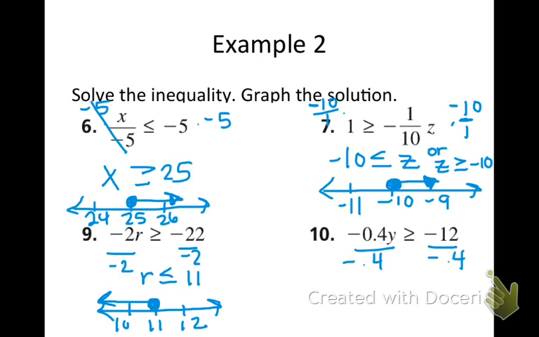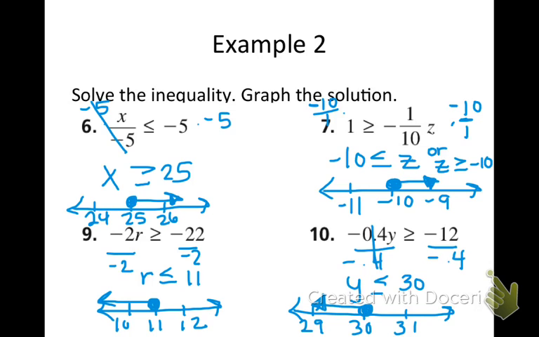So make sure that if the symbol is a less than or a greater than with an open circle, that you're graphing it correctly. So y, and we reverse the symbol because we are dividing by a negative, will be less than or equal to 30. So closed circle, and it points to the left.